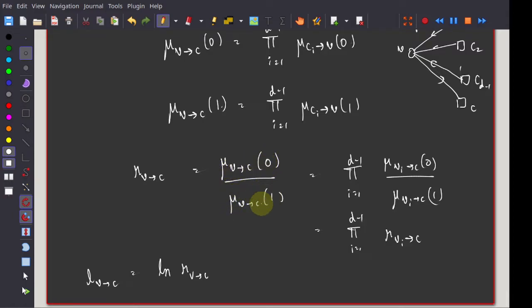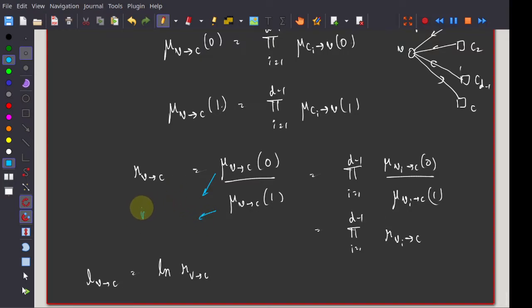And similarly, mu v to c of 1 is basically the belief, or in some sense a representative of the probability, that xv is equal to 1. That is one way of thinking about it. It's not exactly the probability, but it is the belief that v has that it is equal to 0 or equal to 1. So that is the way you should think about these.